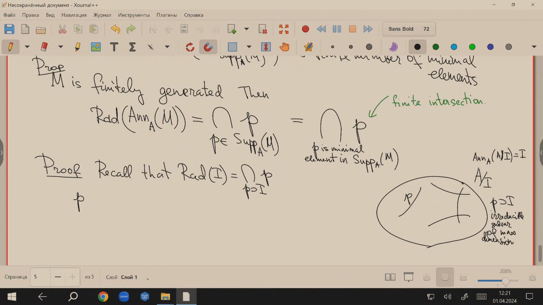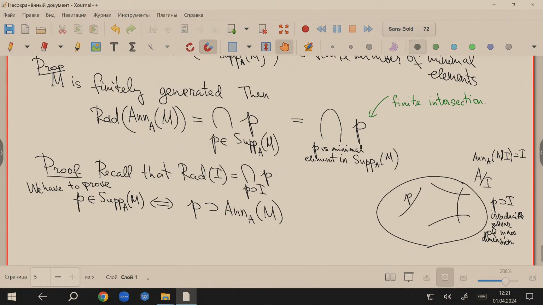You have to say that P belongs to the support of M if and only if P contains the annihilator. So we have to prove this.